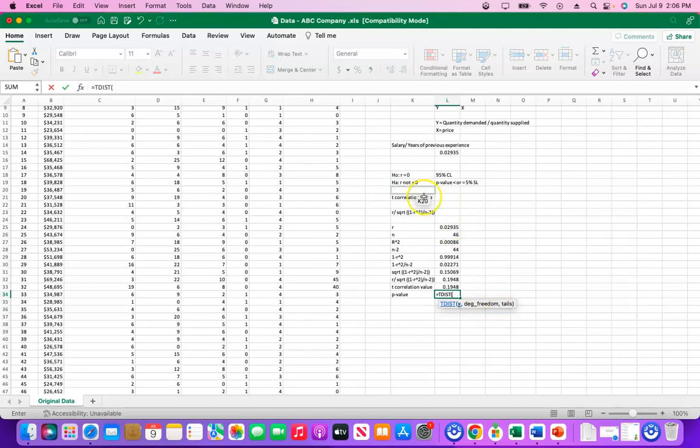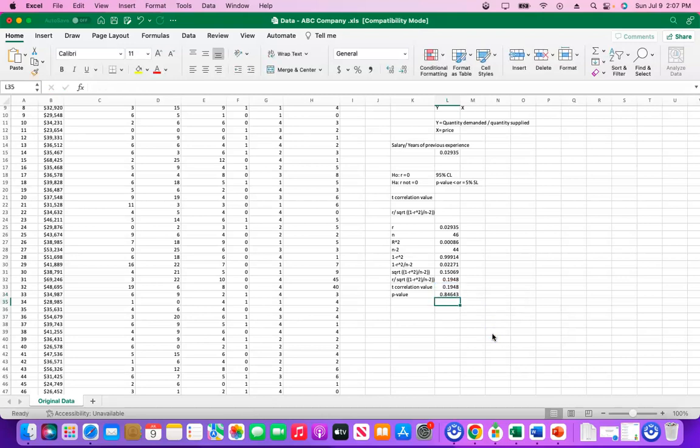From this hypothesis here, you can see that we have 2 tails. It can be negative or it can be positive. So I'm going to click on the t value, and degrees of freedom will be 46 minus 1, which will be 45. And the number of tails, we're going to take 2 tails and close the bracket.